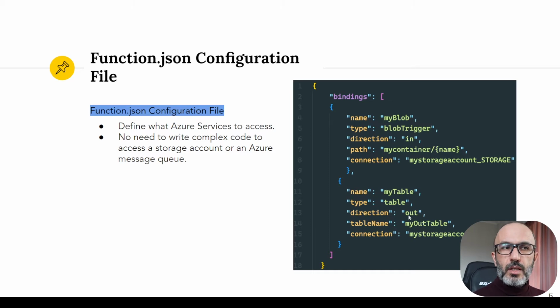It's an out table. And what that means is that my Azure function would be expecting a blob trigger. So if you store a file in a blob storage, it would trigger an event and would run my Azure function. And then once the function finished running its logic, it would write the output of that data into a table.